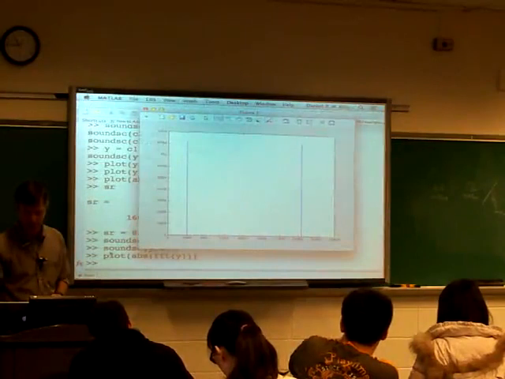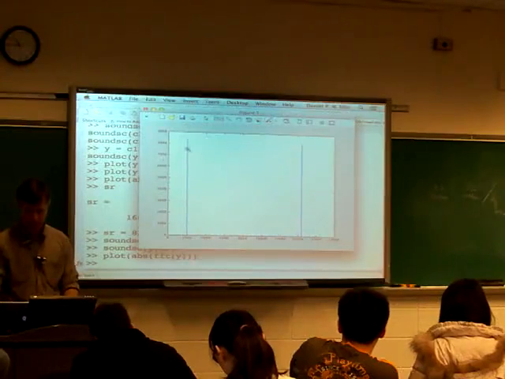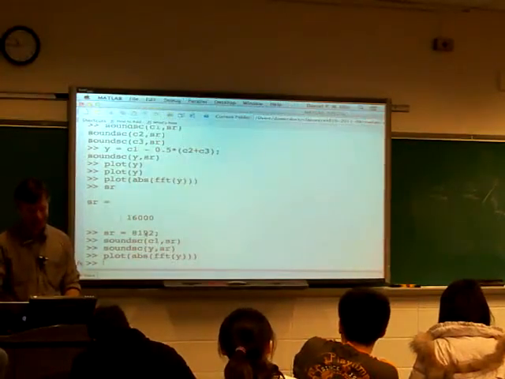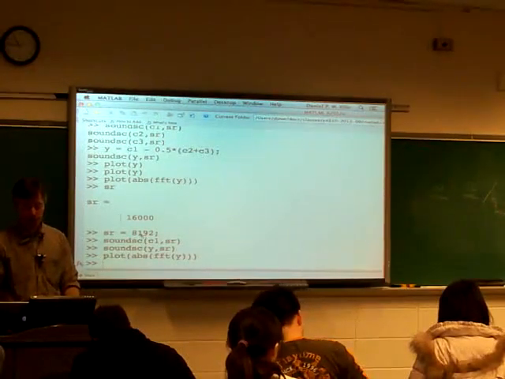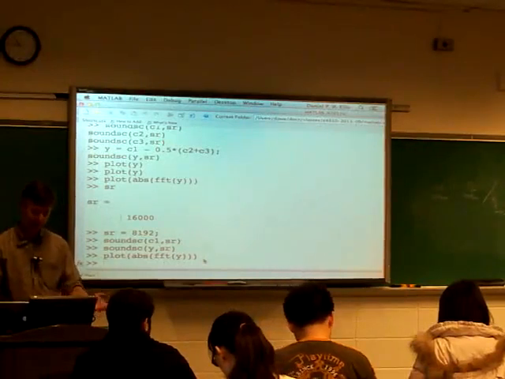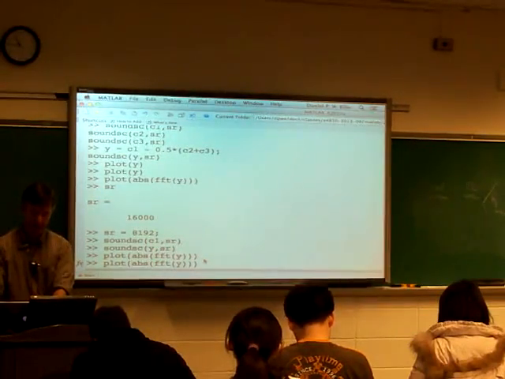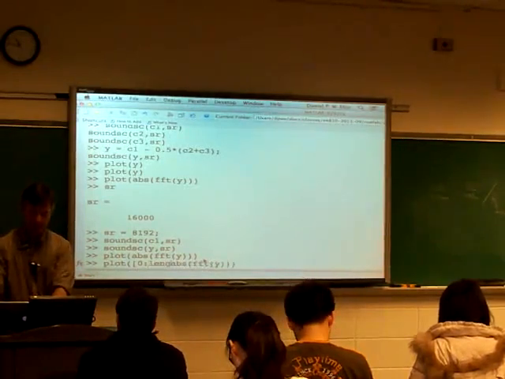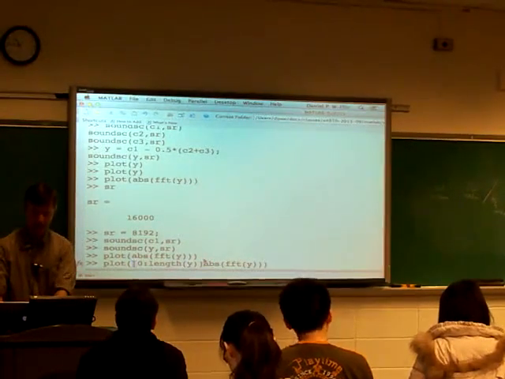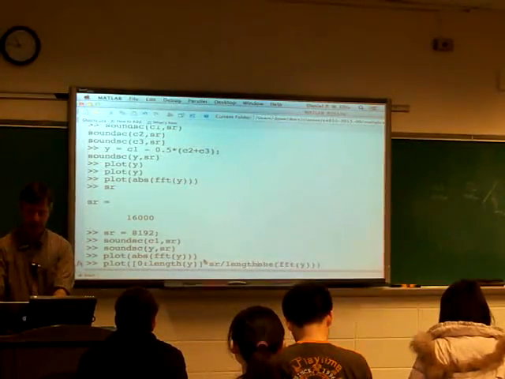Okay, but wait a sec. So that 2,000 though, what's your fs again? My fs now is 8192. I can just change it if I want and play it out at a different frequency. But here, I plotted the abs of FFT of y. I can give a first argument as the actual x-axis values, and I can make that 1 to length y, times the sampling rate divided by length y.